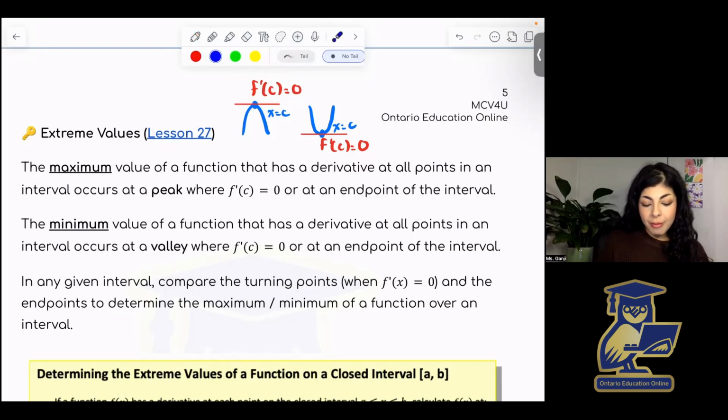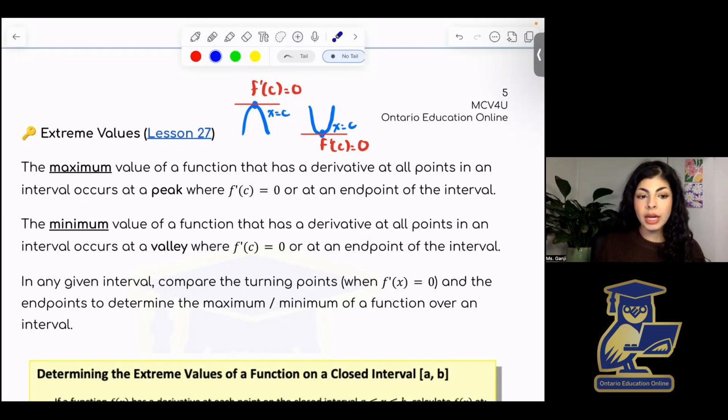We can also have a minimum at an endpoint of an interval too. So in any given interval, we compare the turning points, which are the points where the derivative is equal to 0, as well as the endpoints, to determine the maximum or minimum.